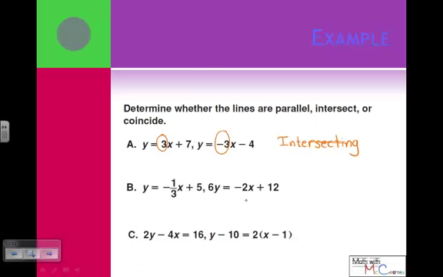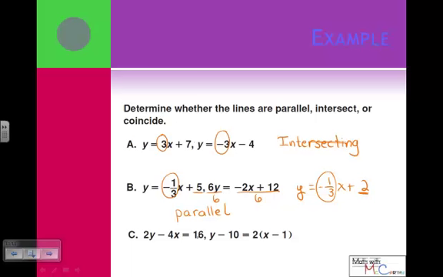If we look at this next example, this one isn't quite in slope-intercept form. I can identify the slope is negative 1/3. I would have to divide everything by 6 to get y equals negative 1/3 x plus 2. What I notice is that these lines have the same slope and different y-intercepts. So these are parallel lines.